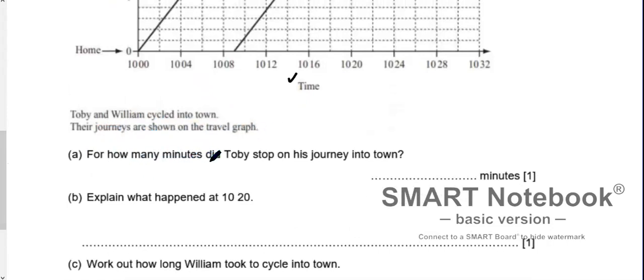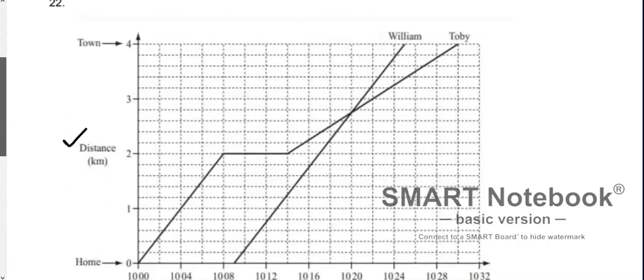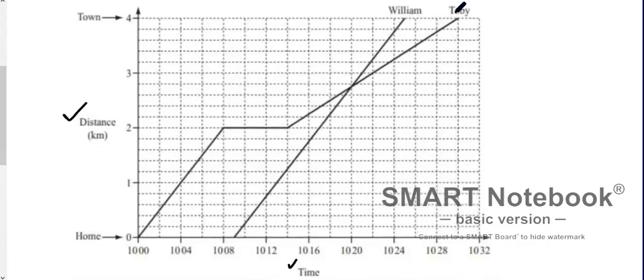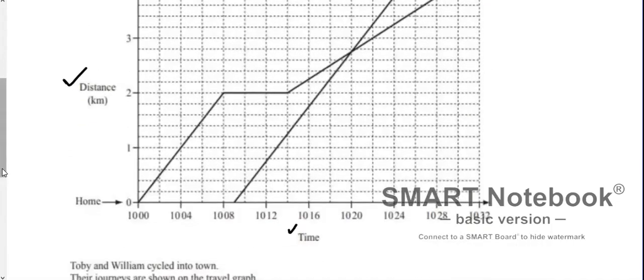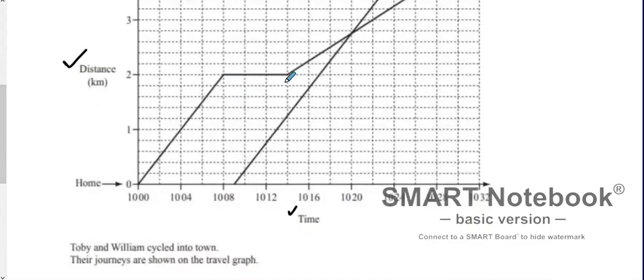For how many minutes did Toby stop? Toby is here. Okay, this is Toby. And they're asking for how many minutes Toby stopped on his journey. So just take the difference between this time here.